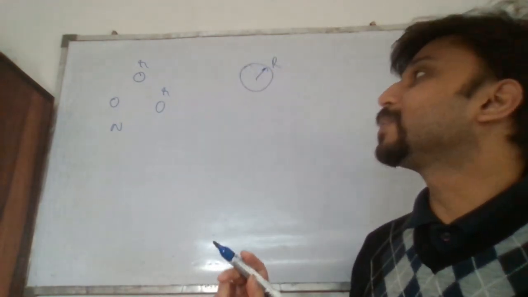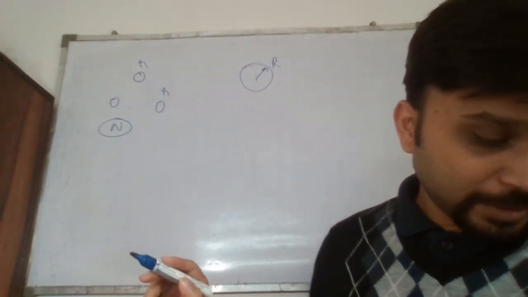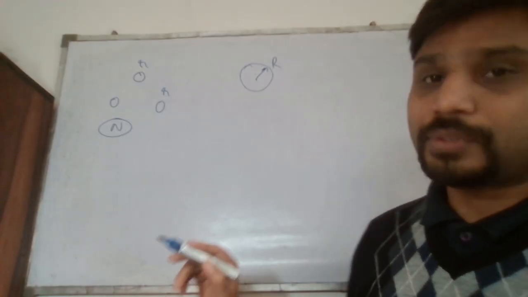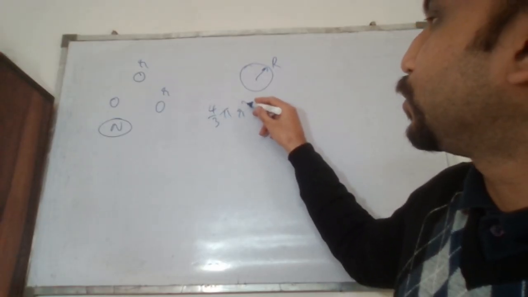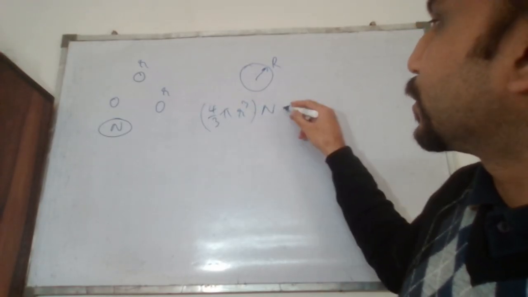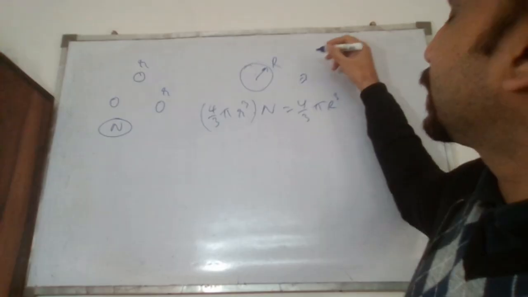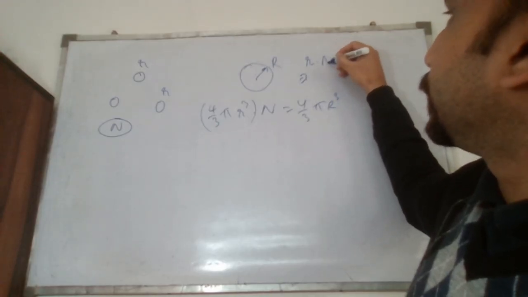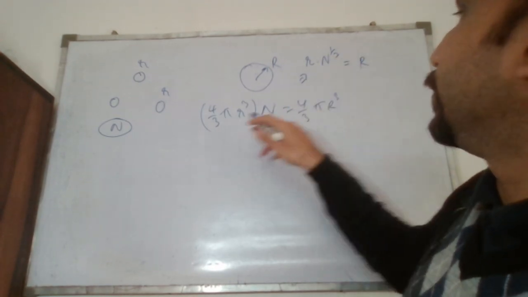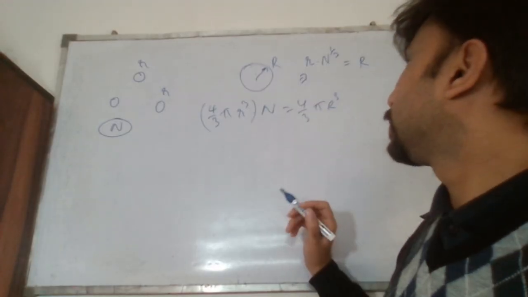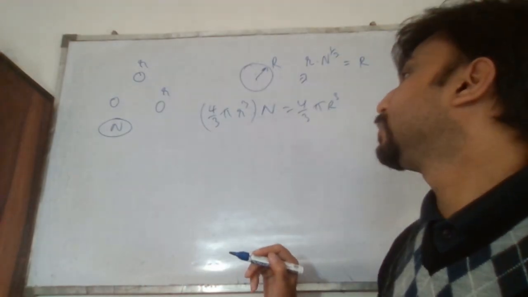So the radius of the bigger drop is given as R. If I were to find the number of drops, I can write an equation: 4 by 3 pi small r cube times capital N is equal to 4 by 3 pi R cube. This implies that r into N to the power 1 by 3 is equal to capital R, taking the cube root. So this is the equation which we have.